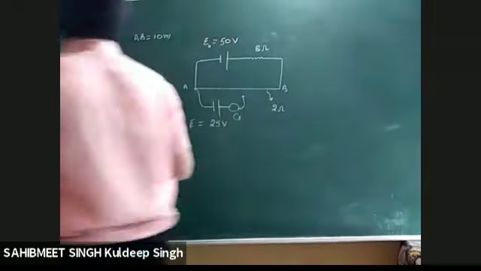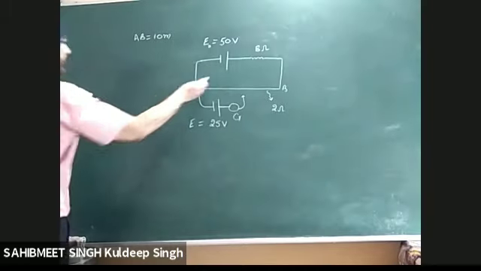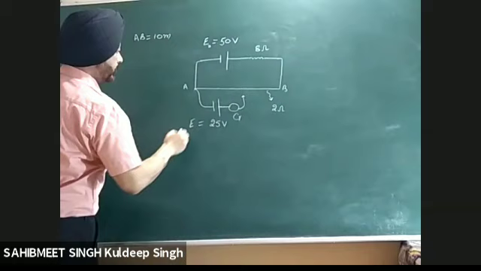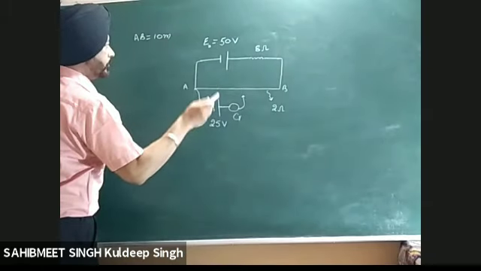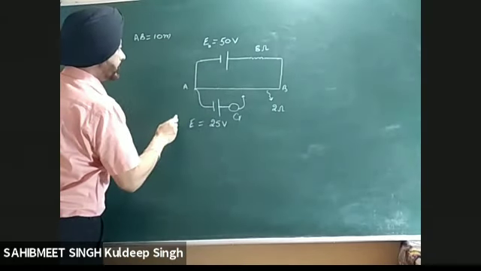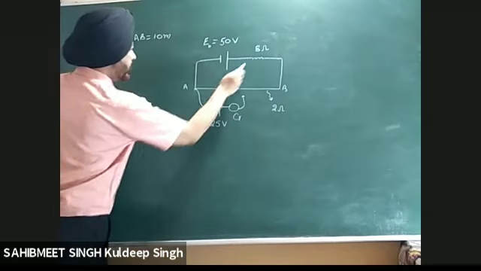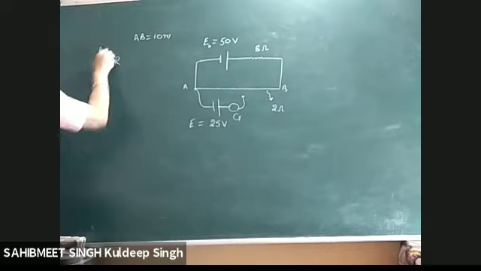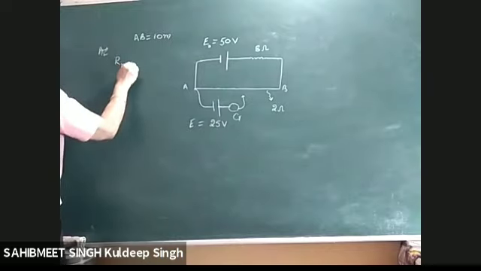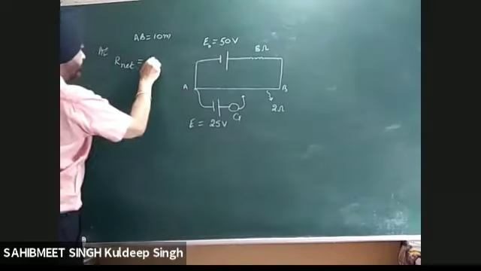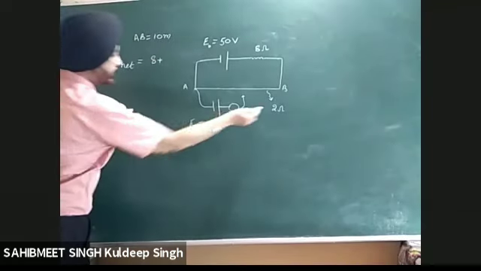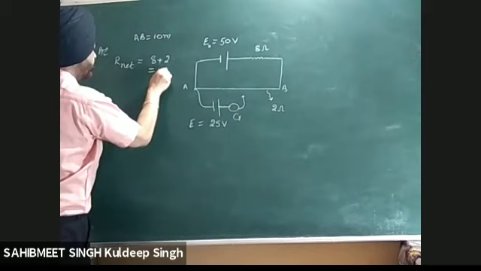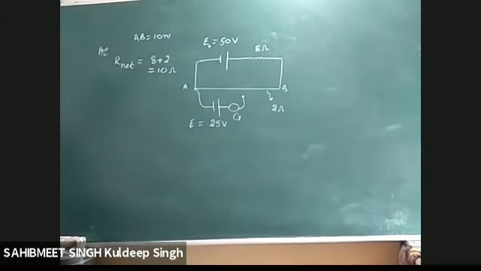First of all, let us find the current in the circuit, as already we have done in numericals. Here I want to explain another point. That's why I am taking this numerical. So here the total resistance in the circuit: total net resistance is 8 plus 2 ohm, equal to 10 ohm.